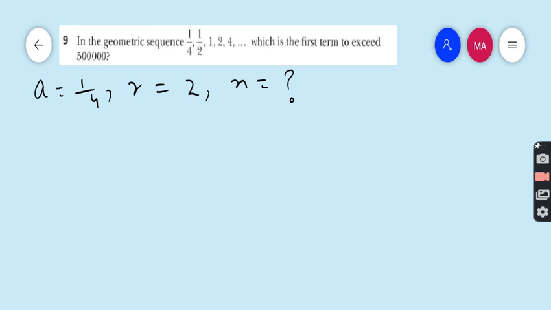Which is the first term means we have to find the value of n, and we have to write that 500,000 is the value of the last term, because at this term the value exceeds 500,000. Okay, so the formula is Tn is equal to ar to the power n minus 1.